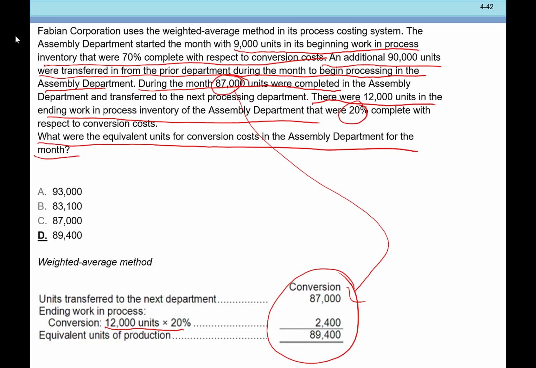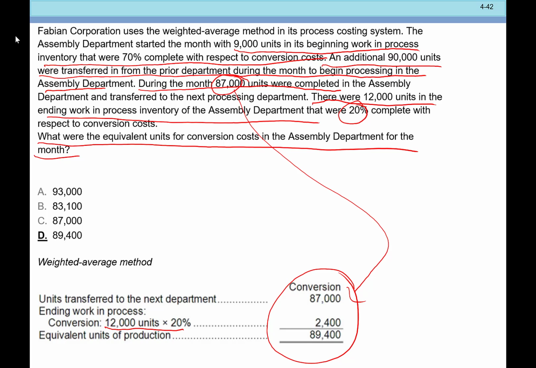All right, so let's take a look at a couple questions here. We've got this Fabian Corporation uses the weighted average method. The assembly department started the month with 9,000 units in beginning work in process inventory that were 70% complete with respect to conversion costs.